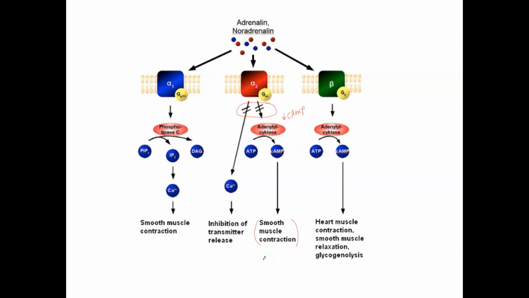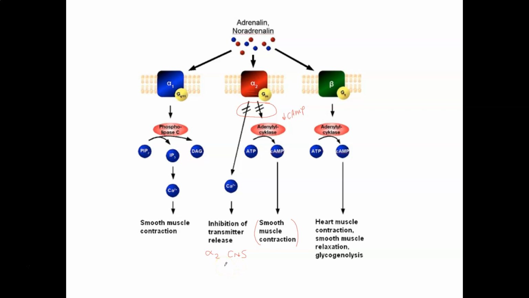But if you look at alpha 2 agonists in the central nervous system, so if we look at CNS functionality with alpha 2 receptors, we tend to see the ability to lower blood pressure. Although you might see muscle contraction and vasoconstriction that might increase blood pressure in certain areas, if you affect the alpha 2 receptors in the CNS, we can see an overall lowering of blood pressure.